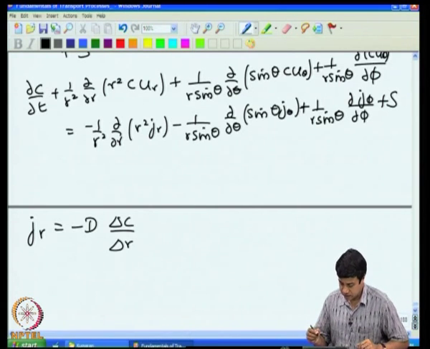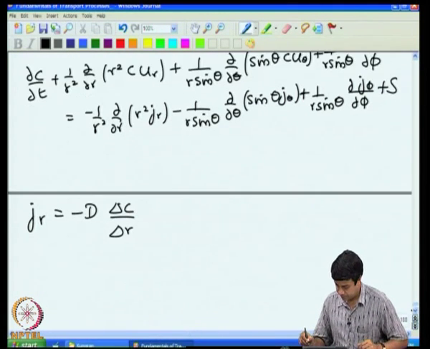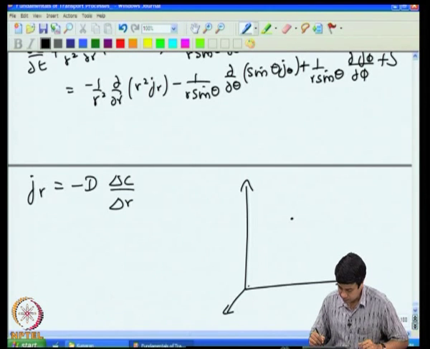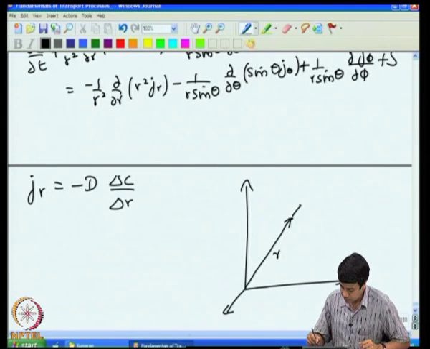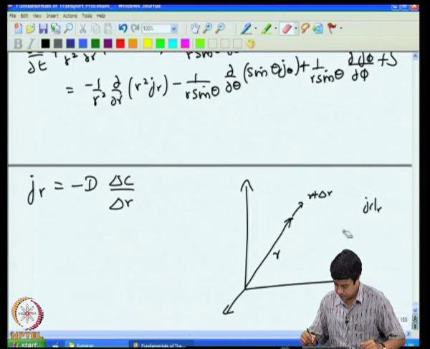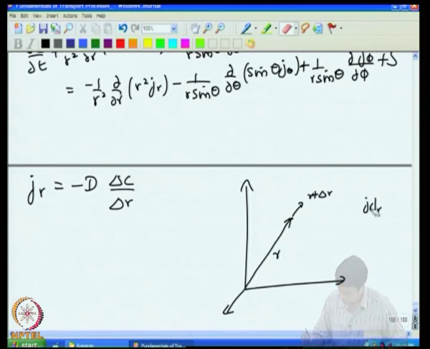That is in my spherical coordinate system, if I am at a location r and I go to a new location r plus delta r, from that difference, c at r plus delta r minus c at r divided by delta r, that is delta c by delta r.